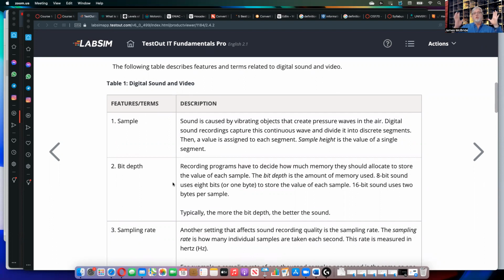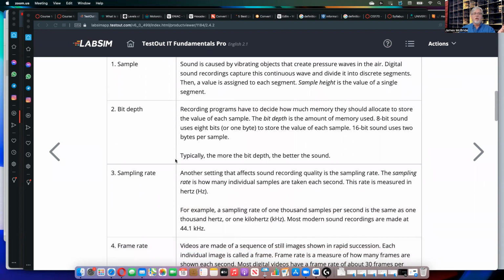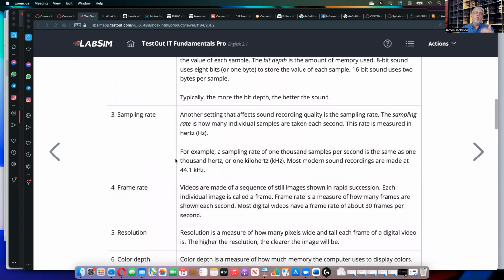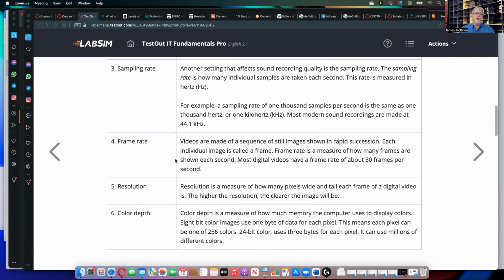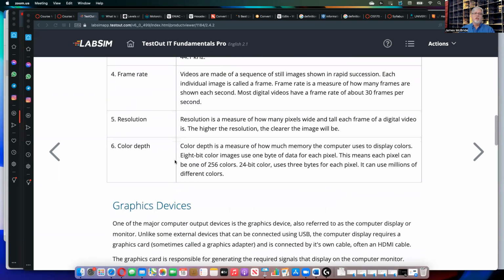But basically, once you take a sound or video and put it into a digital format, you have these attributes here that affect what you're going to see or hear. That's what you're seeing on this. If it's video, you've got how much color is available. There's a huge difference between only having 256 colors available or having millions, billions of colors available.